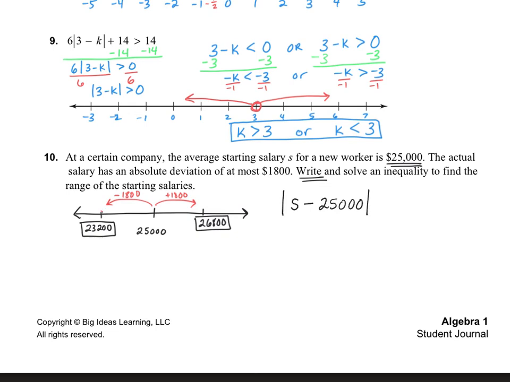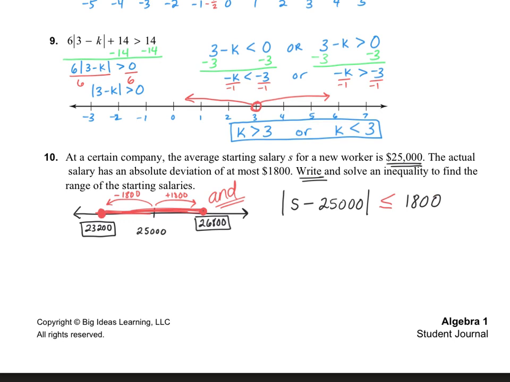We know that the starting salary is between 23,200 and 26,800 and everything between. So that means that this is an and. Okay, and so that means it's going to be less than or equal to. And then the deviation, the part that deviates from the average salary, is 1,800. So the 1,800 goes here.